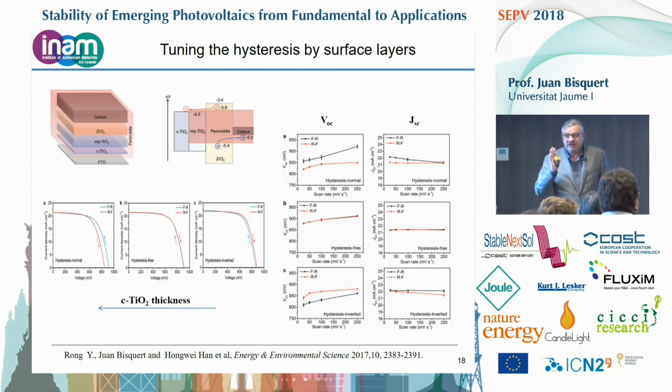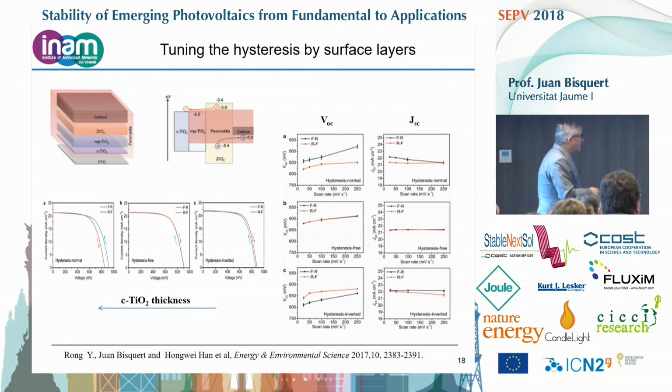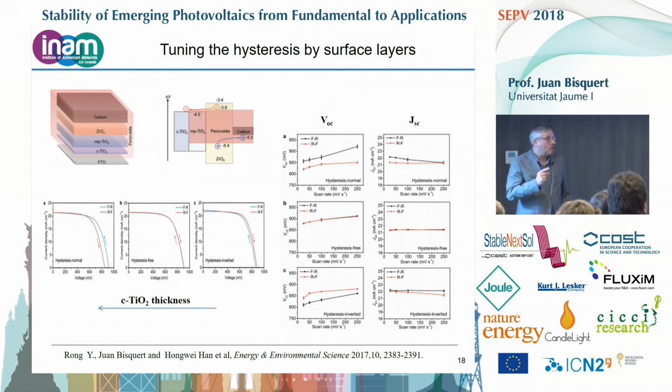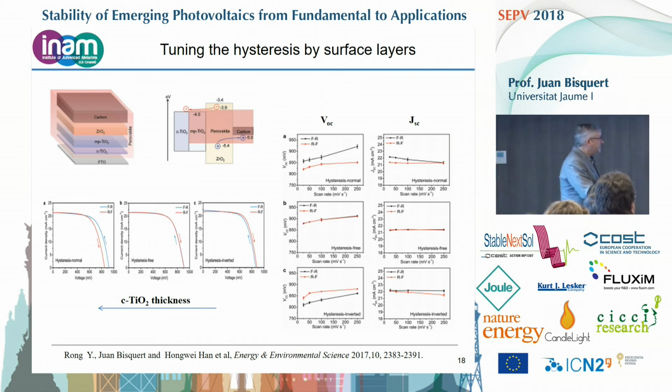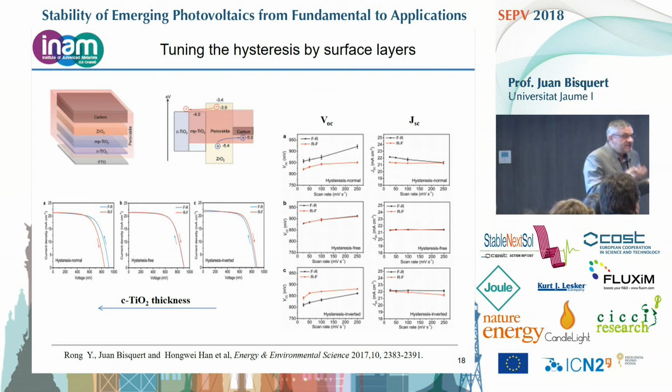Of course, in solar cells, we have something very important, which is recombination. And here, now you can see the work with Hongwei Han in China, published last year, that by changing just one parameter of the perovskite solar cell, which is the compact TiO2 layer, we can change from the normal hysteresis to the inverted hysteresis, in which the voltage coming back grows instead of decreasing, okay? Why is this?